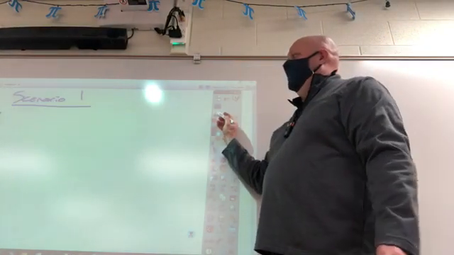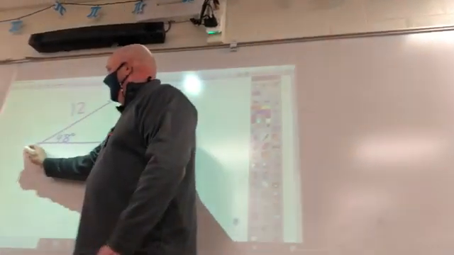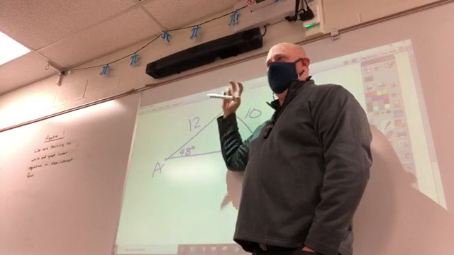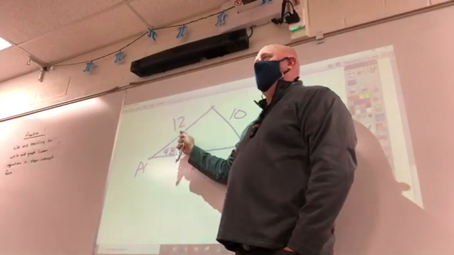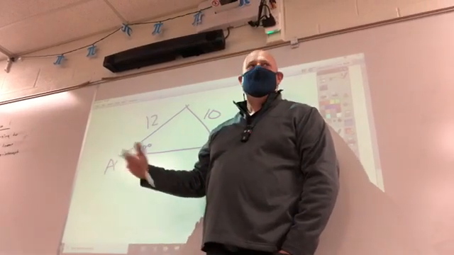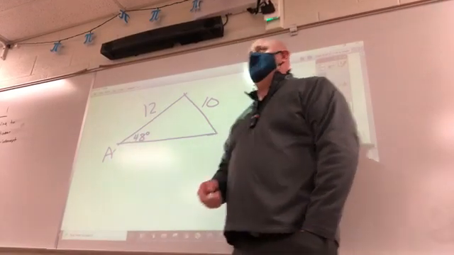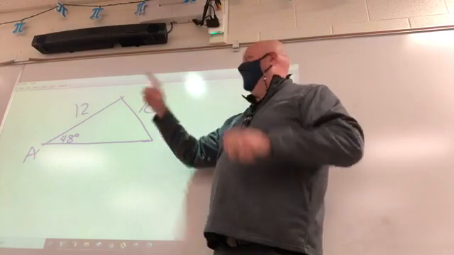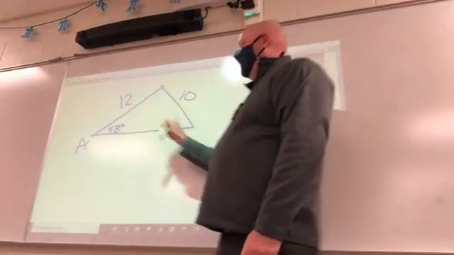But basically what I'm talking about here is, for the notes, the given angle right now is always A. In your homework, are they always going to give you angle A? No. But trust me, you don't want me to write the notes over the next few minutes as the given angle and the side opposite of the given angle and the adjacent side.